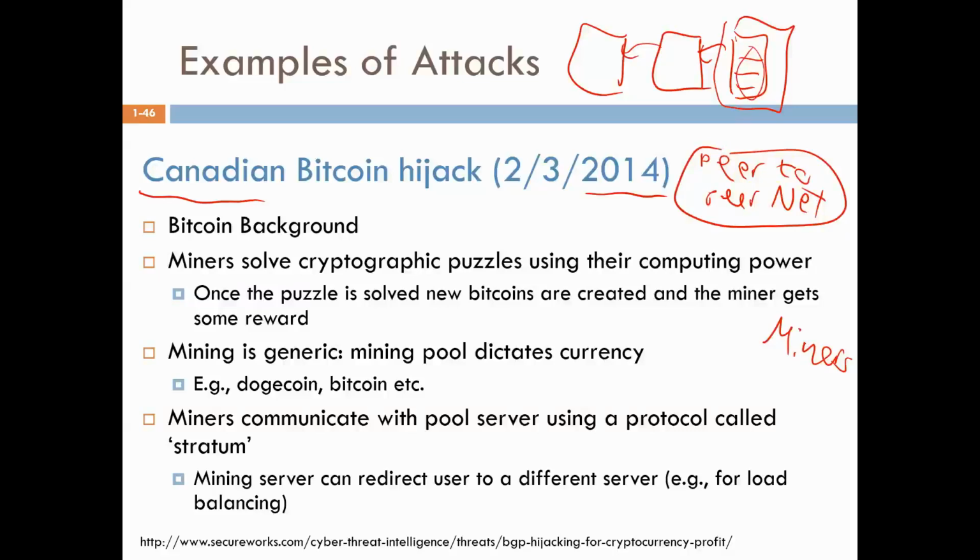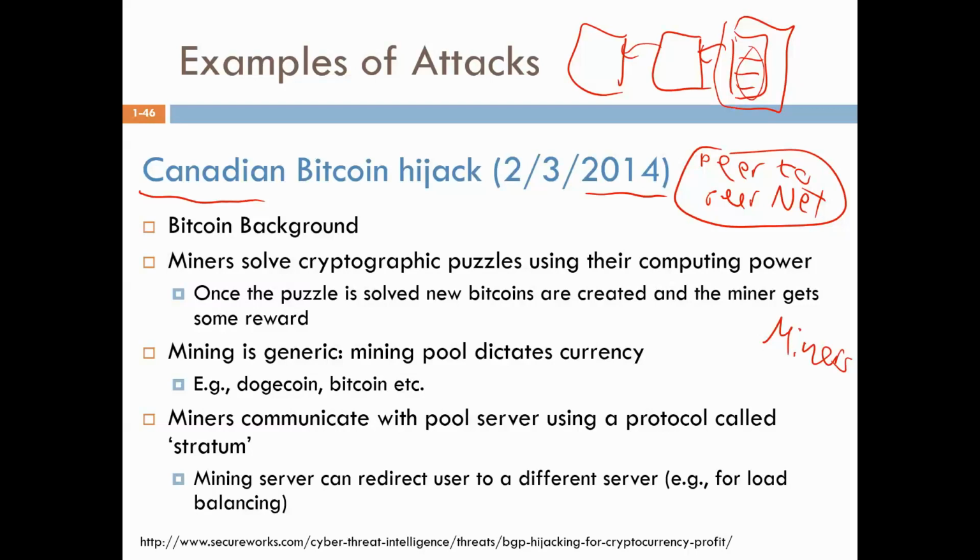And they have to solve a cryptographic puzzle before producing the block, and the puzzle is difficult to solve. So there are miners that dedicate their computing power to solve the puzzle, and the miners collaborate together. Every group of miners collaborates to use their computational power to produce a block. And once a miner produces a block, they get Bitcoin as a reward.